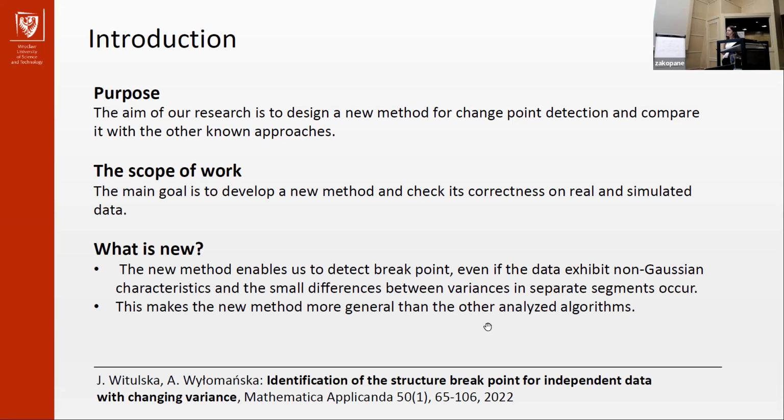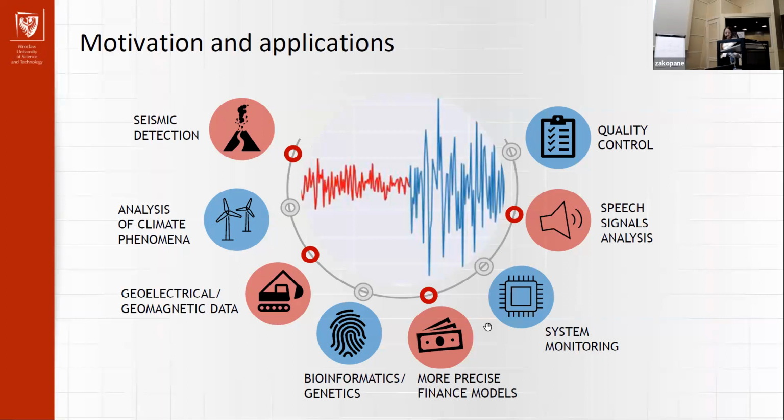I also want to mention that the results of the research are described in the paper visible at the bottom of the slide. Okay, the first question is why I started to explore the segmentation problem in the case of change point detection. The reason is that segmentation is an important, common problem in various fields.